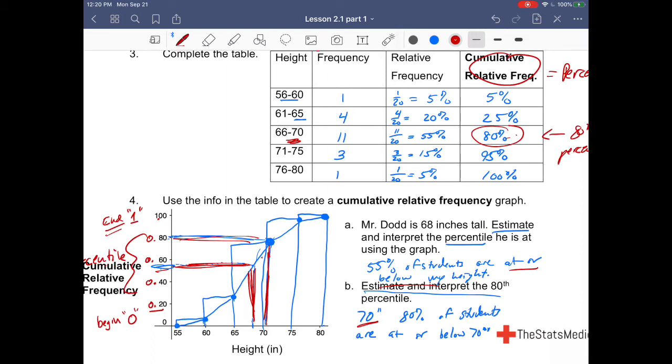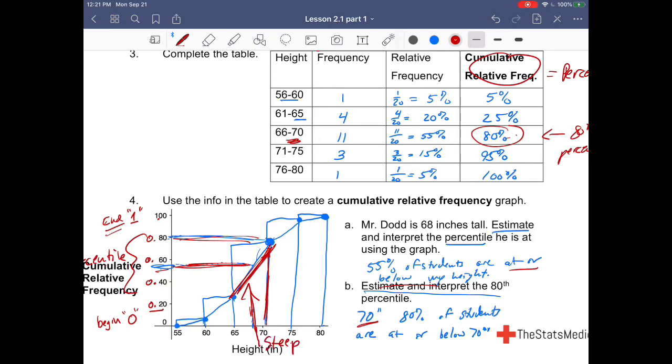For what it's worth, one other feature you can tell in a cumulative relative frequency chart is the steepness of the line. This is a very steep line between 65 and 70.